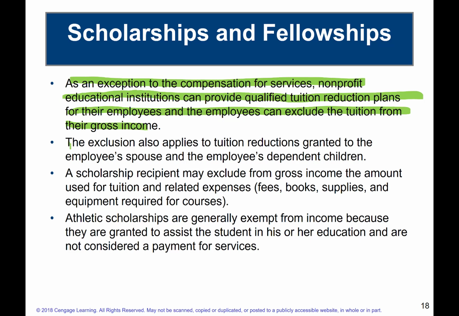Let's say I teach here at Berkeley, and they say, okay, John, we're going to let you take classes for free. Well, I could exclude that tuition as an employee of the organization. Again, it's going to be amounts for fees, books, supplies, and athletic scholarships are generally exempt. So I'm kind of repeating the same thing I had on those other two bullets.